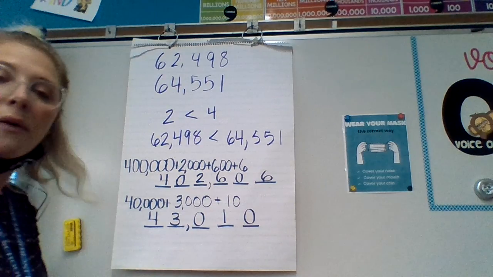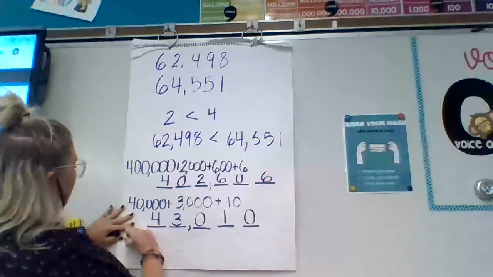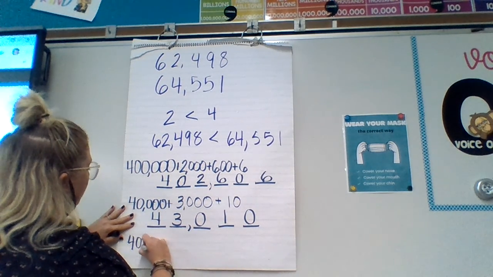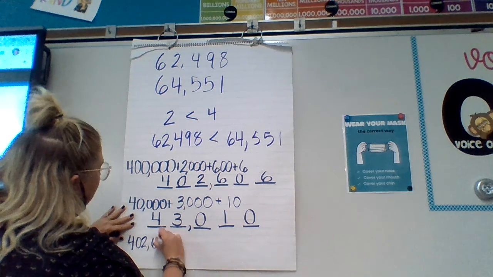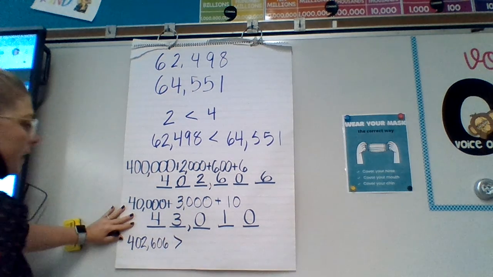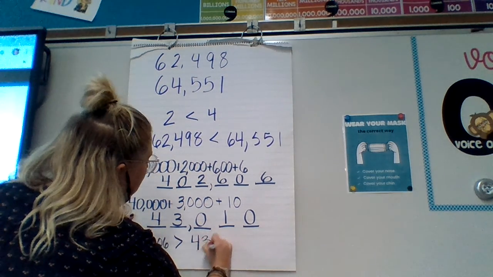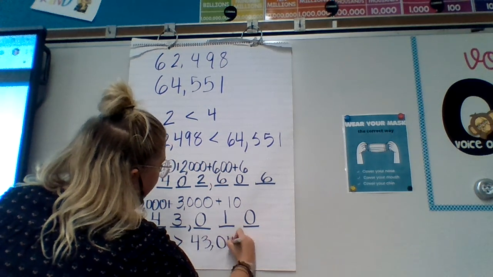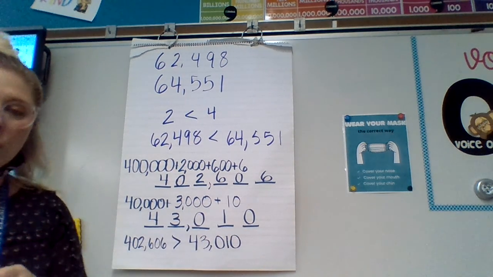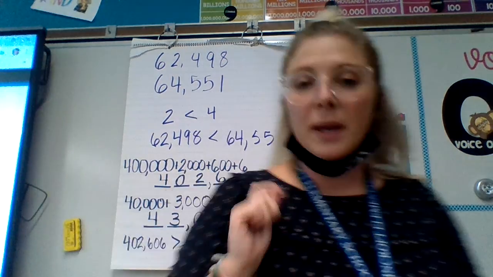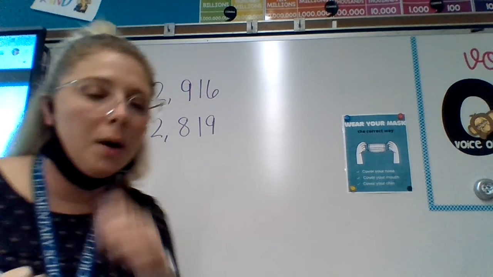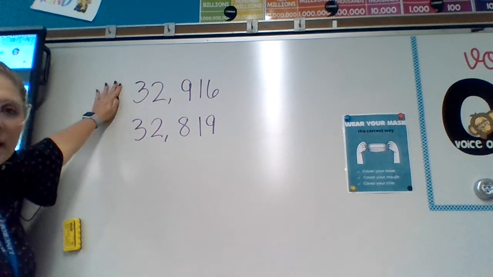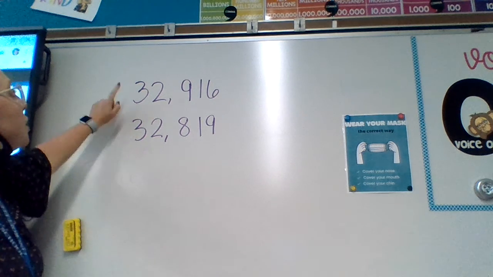So when I write it, 402,606 is greater than 43,010. Okay, we're going to try one more. Make sure you write these down. Okay, last problem.